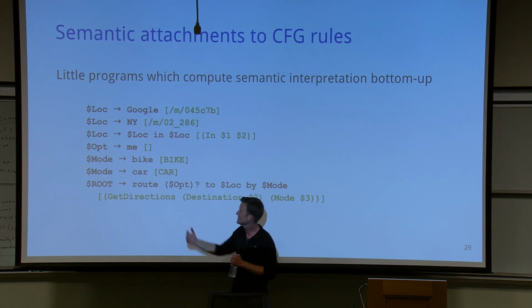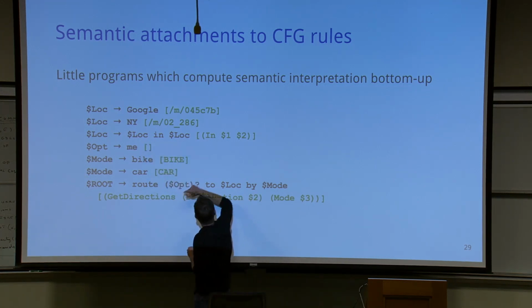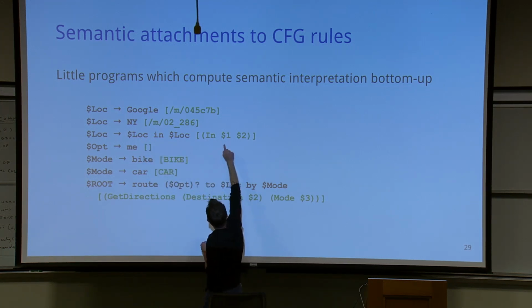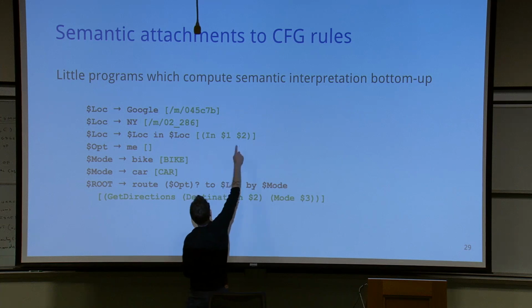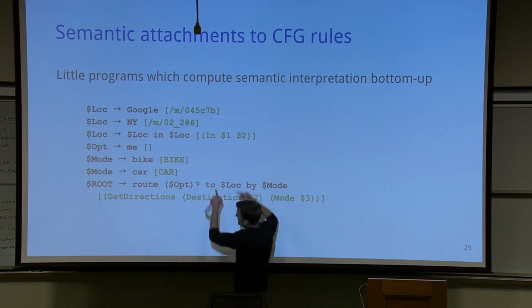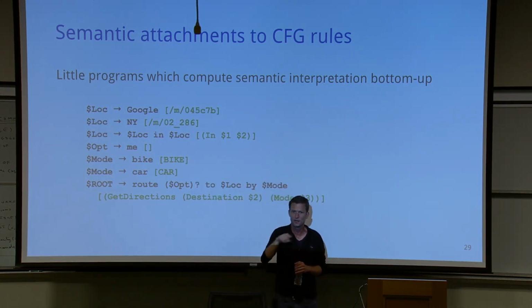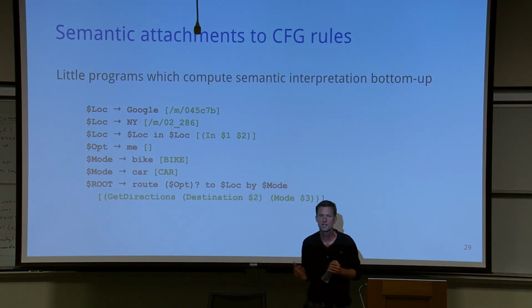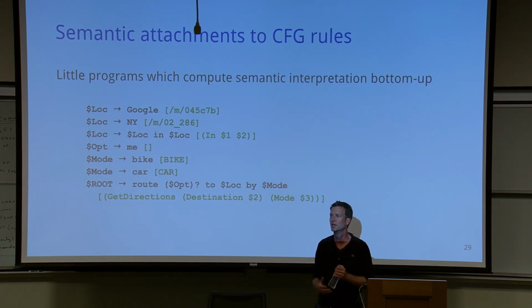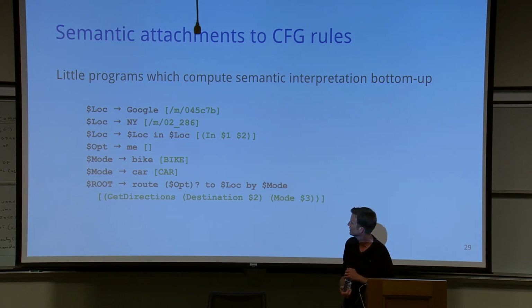If you've already got semantics for this $loc and this $loc, I'm going to call the first one $1 and the second one $2. And this thing says, just take the semantics for this $loc and the semantics for that $loc and stuff it into one of these S expressions with an in the front. It's a fragment of our meaning representation, and this thing tells us how to build up these pieces into larger and larger pieces.